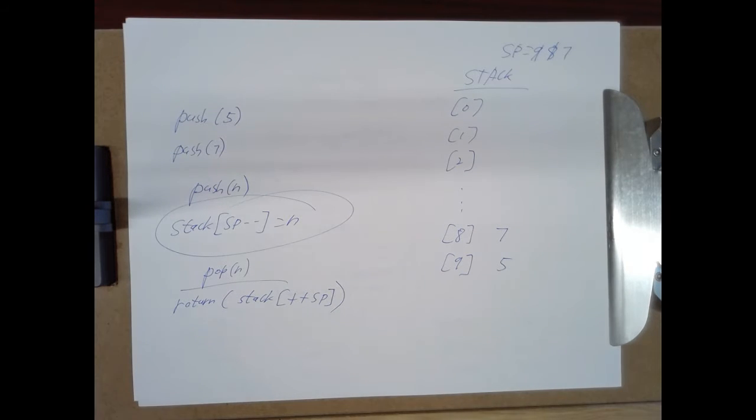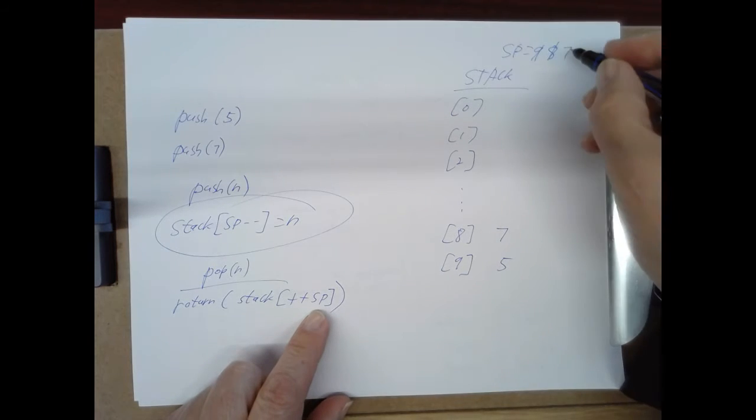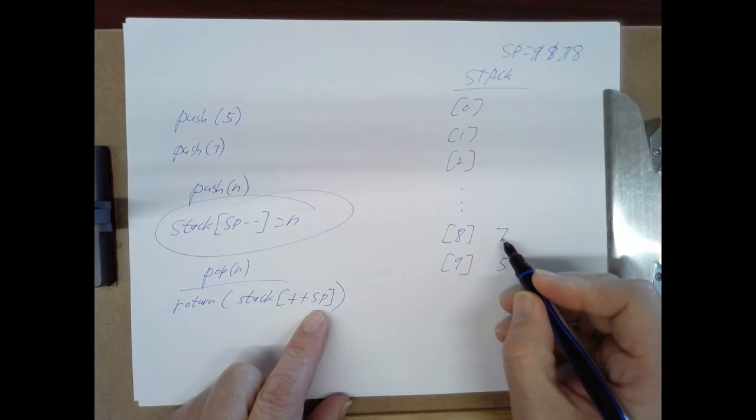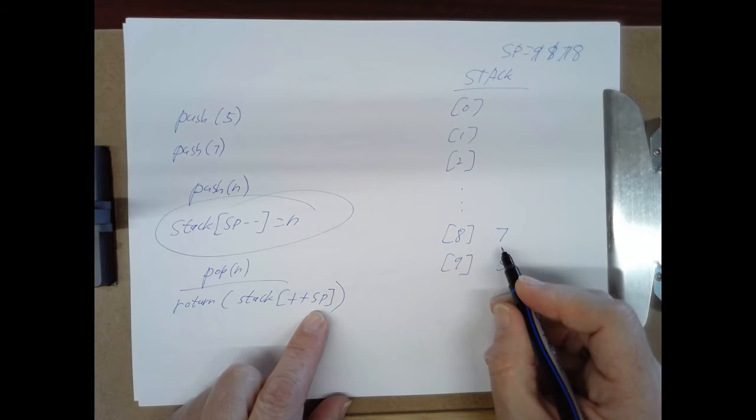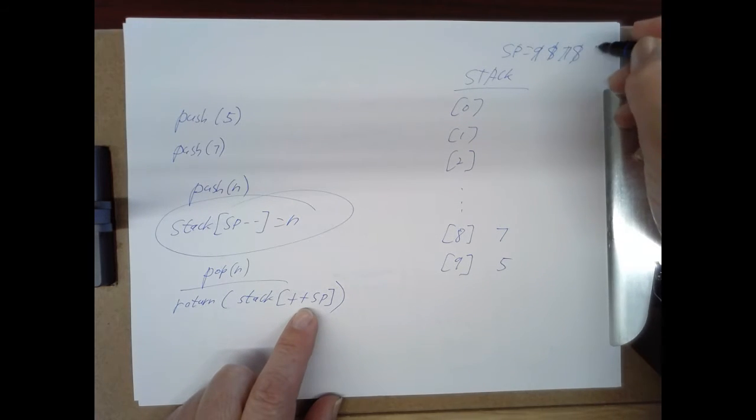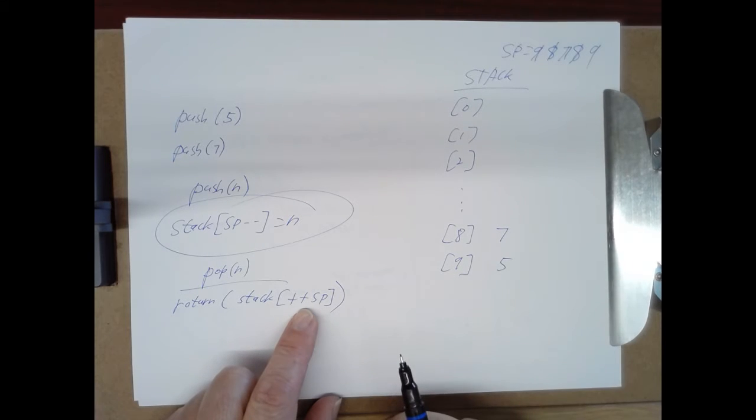So if I want to pop, I'm going to increment my stack pointer to an 8, and I'm going to return element 8. That gives me a 7. If I pop again, I'll increment my stack pointer to 9. I'll return element 9, which gives me my 5.